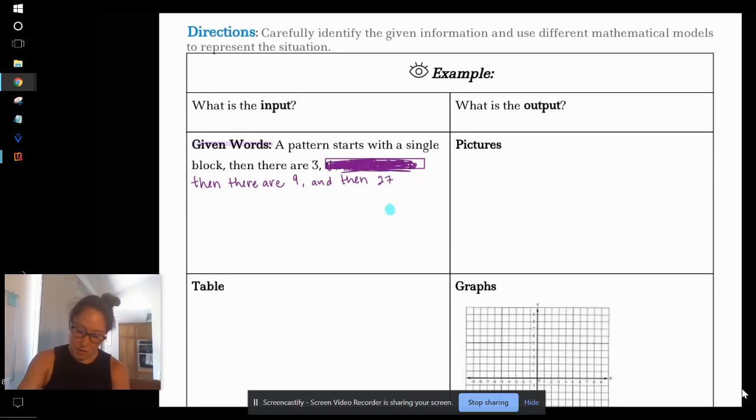First I have one block, and then I have 3, and then I have 9, and then I have 27.